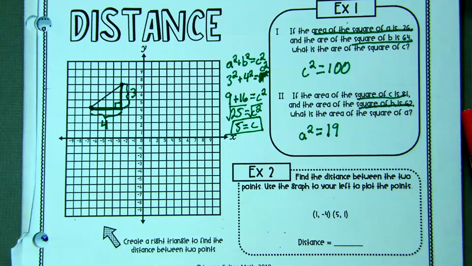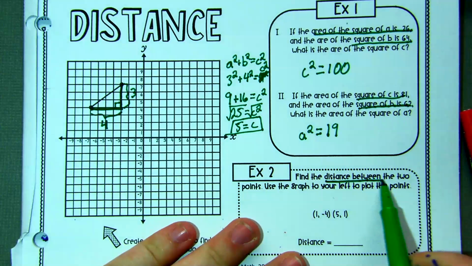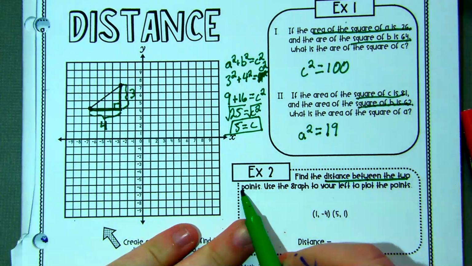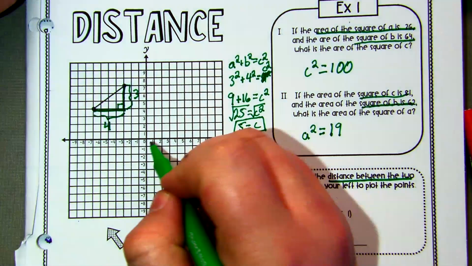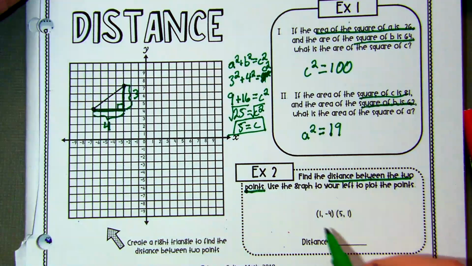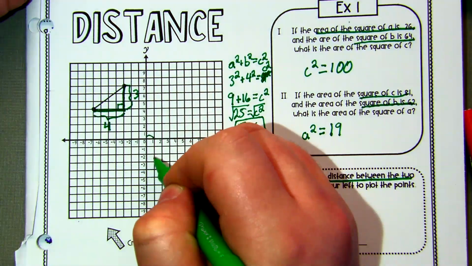We've got one more little practice problem, which is example 2 right here. We're finding the distance between the 2 points. The first thing I would do is plot our points. So to plot 1, -4, we go to the left 1, and then down 2, 3, 4.